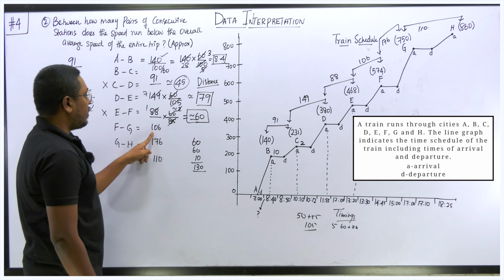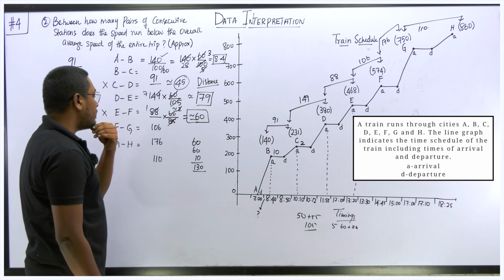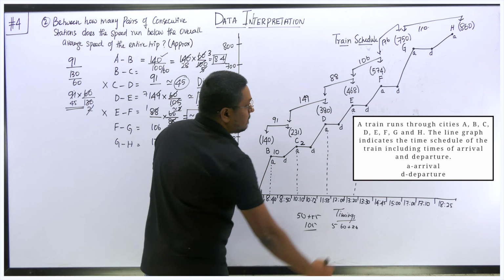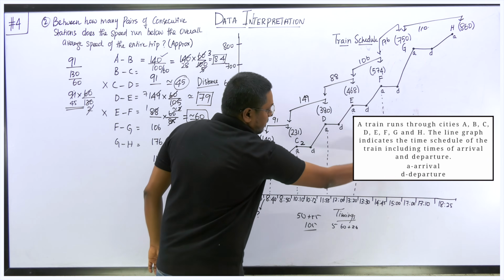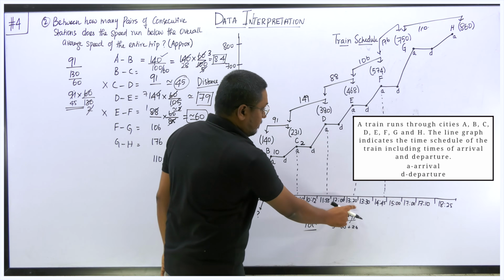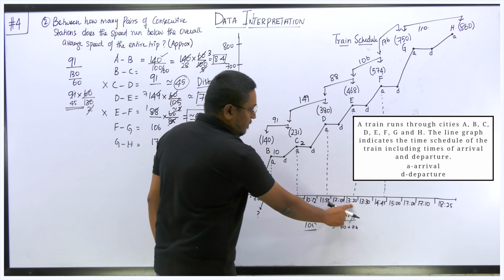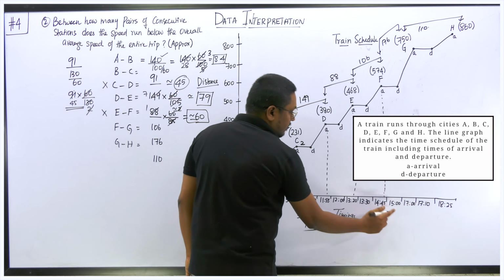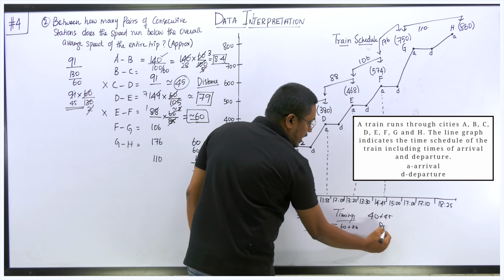So next will be 106. So 106. $13.20. So this will be 40, 14, 45. 85, right?